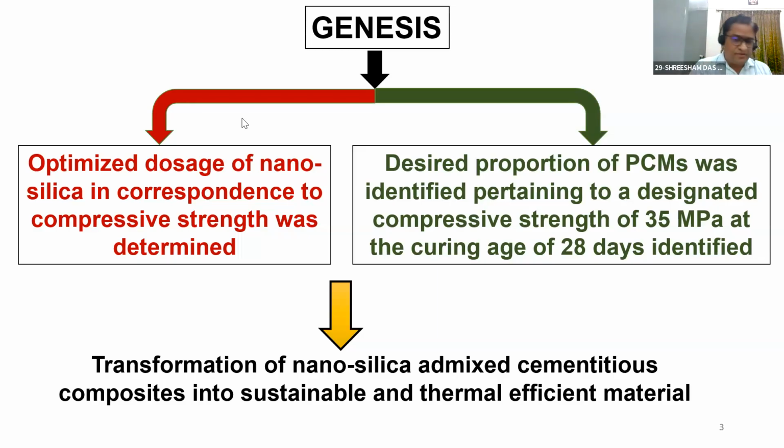The problem here is the concrete or the cementitious composite performs very poorly with respect to thermal efficiency. So that is the reason it is necessary now to move into development of a material where we can store the thermal energy and make the blended material a thermal efficient material.